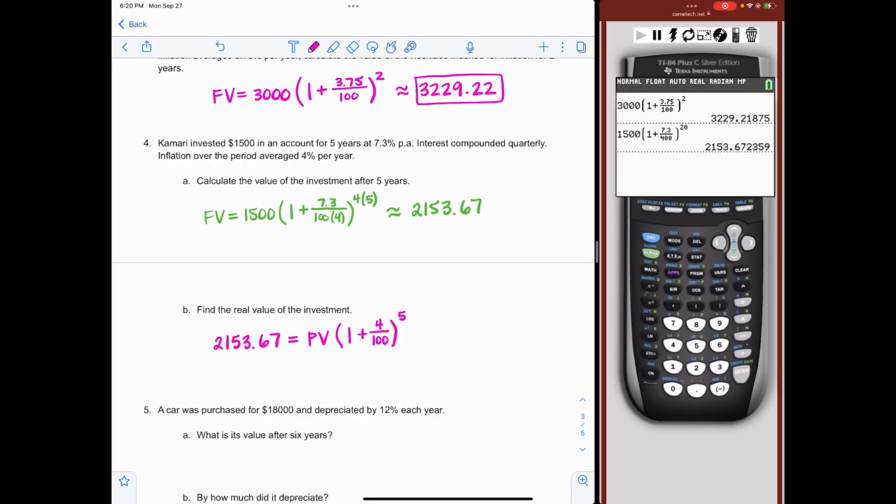So when you type it into the calculator, be very careful. So when we type it in, we are going to have that our present value is going to be equal to $2,153.67. And I need to divide it by 1 plus 4 divided by 100 to the power of 5.